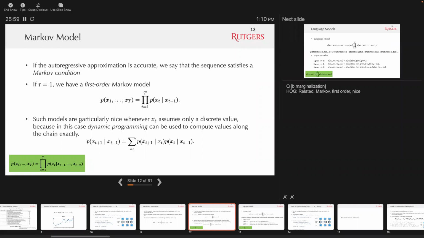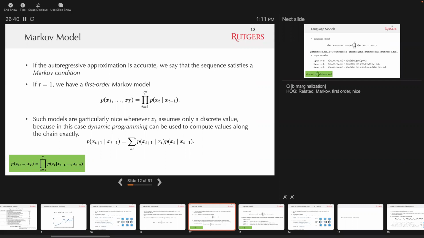This is by the chain rule of conditional probability. If you're not familiar with the chain rule, you can think of the conditional version of the chain rule: pretend that this x_{t-1} is not here. Then if you multiply these two, it's equivalent to the joint distribution of x_{t+1} and xt, and then you can add this x_{t-1} back into the right side. So I hope this is slightly more convincing for you.